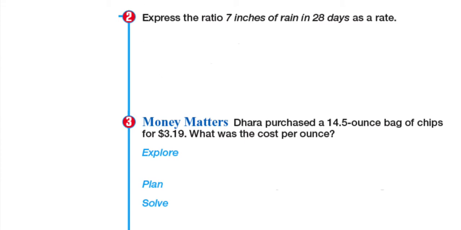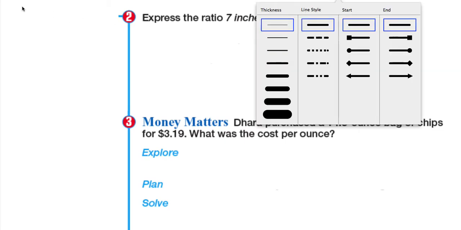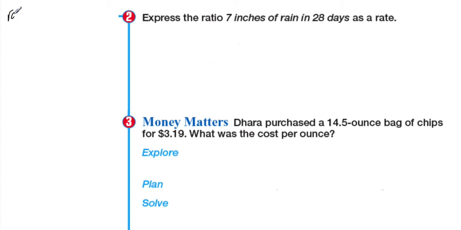So when you talk about a rate, it is usually expressed in per unit form, and the denominator in this particular rate is equal to 1.